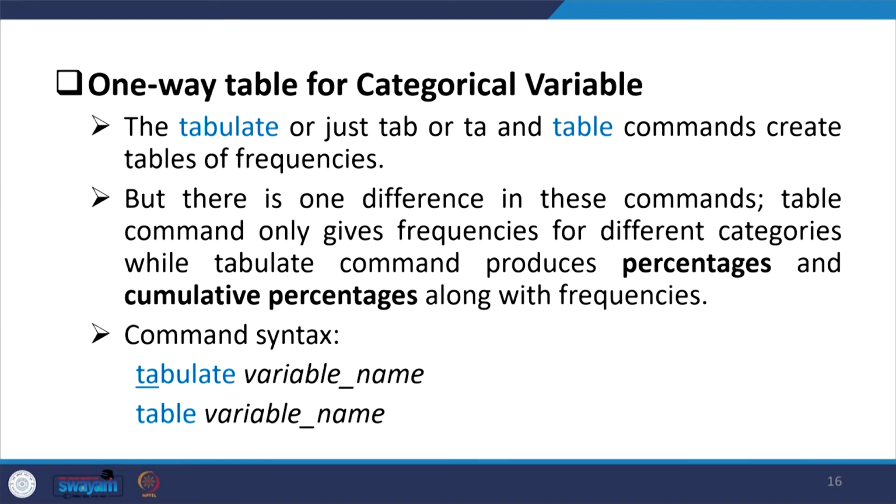Like a one-way table, if you want just the frequencies of one variable, or two variables simultaneously, in that case tabulate, or just tab or ta, these are all commands. You can enter tab or tabulate or ta or table, etc. These commands create tables of frequencies.